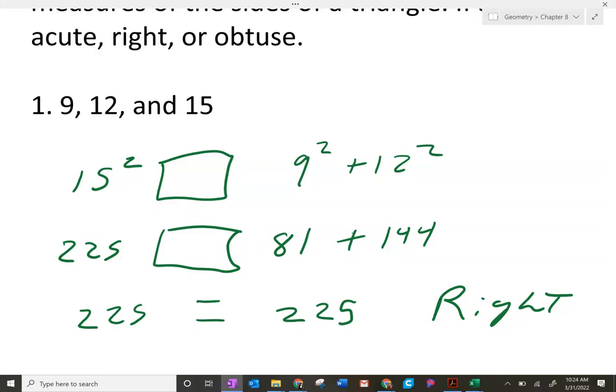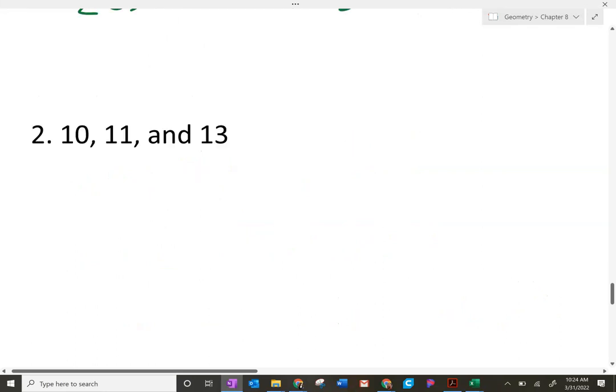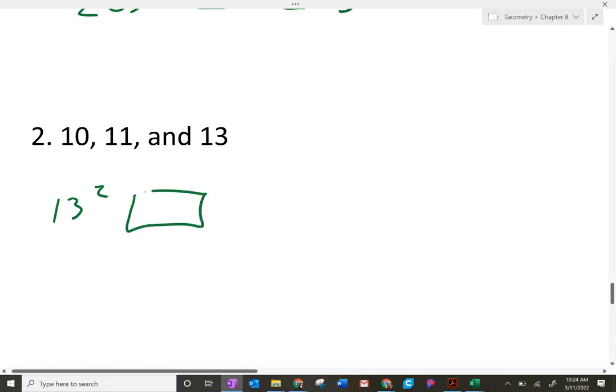Again, I do both sides, and then I figure out what's going to go in the center. Okay? This one. Which one's my biggest number? 13. It'll be 13 squared. This little box right here. 10 squared plus 11 squared. 13 squared is going to be 169. 10 squared is 100.